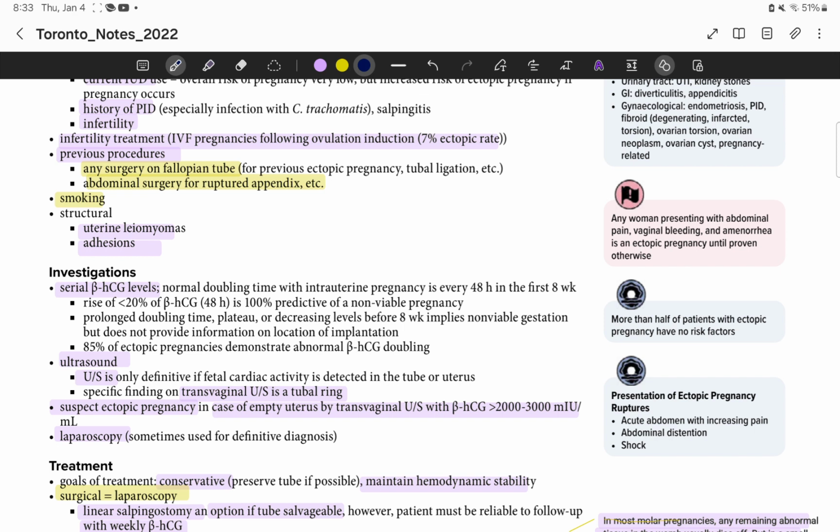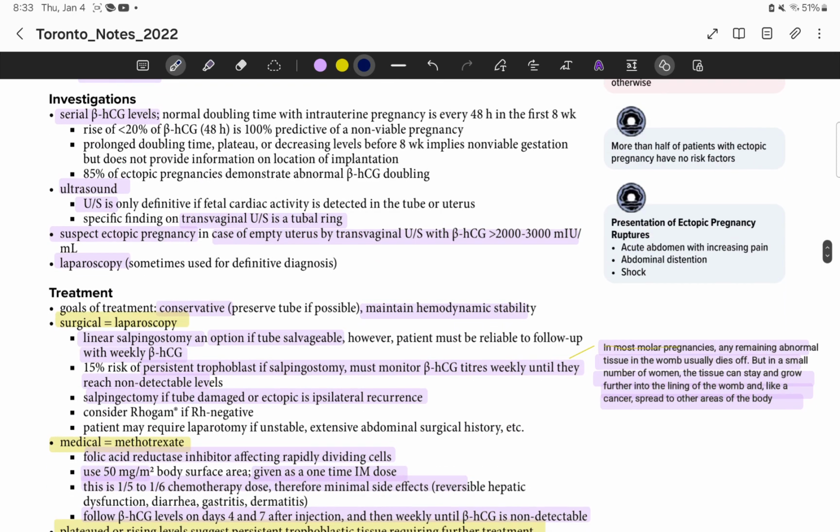It's useful for suspected ectopic pregnancy in the case of an empty uterus by transvaginal ultrasound with beta HCG more than 2 to 3,000 mIU per milliliter. We have another method, laparoscopy, sometimes used for definitive diagnosis.